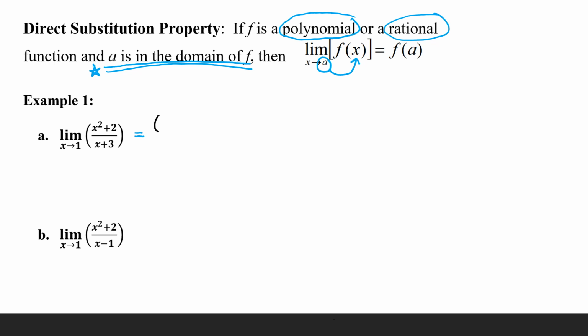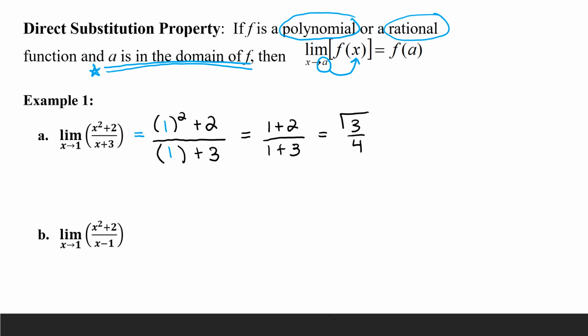So we have 1 squared plus 2 over 1 plus 3. 1 squared is 1, so I have 1 plus 2 over 1 plus 3, which is equal to 3/4. So the limit as x approaches 1 of x squared plus 2 over x plus 3 is 3/4.